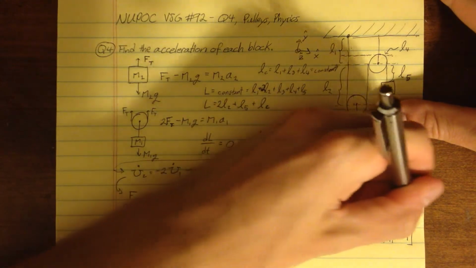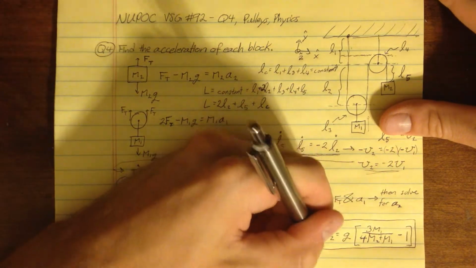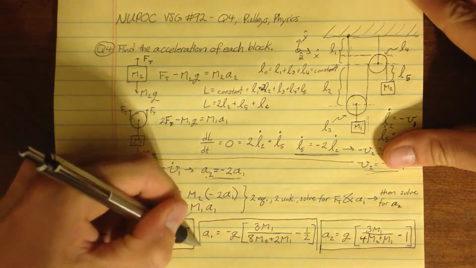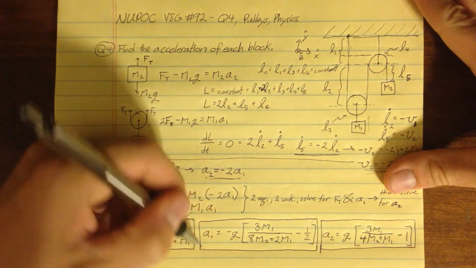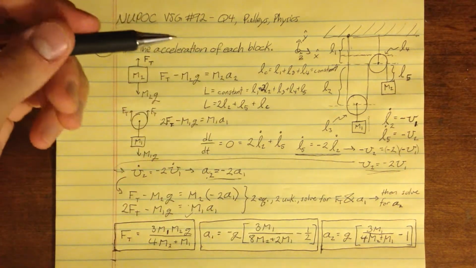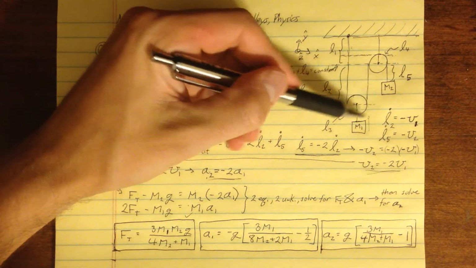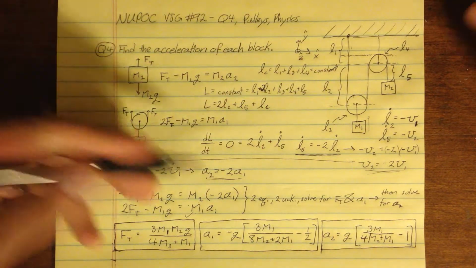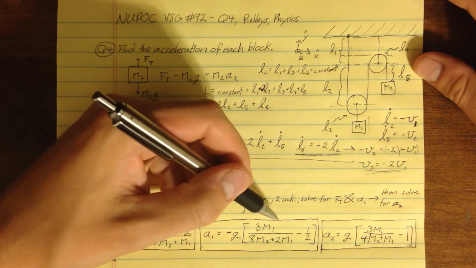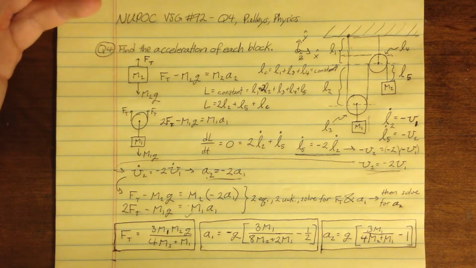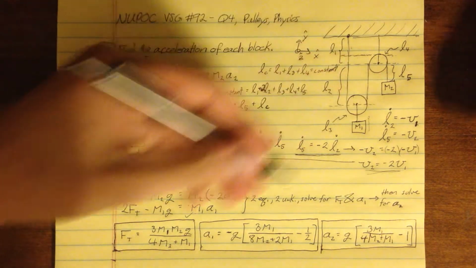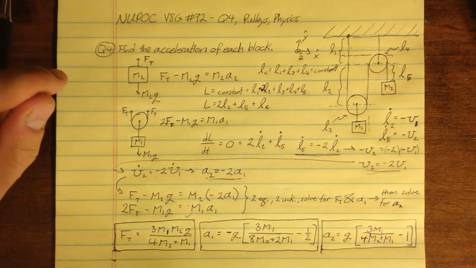And so you can just take these three equations and solve for these three variables, Ft, a1, and a2, and you can see that obviously a1 and a2 will be in different directions, so if mass 1 is moving down, mass 2 is moving up, and vice versa. And the direction that they move will depend on m1 and m2. So if m2 is much larger, that'll be the one moving down, and m1 moves up. If m1 is much larger, it will be moving down, and m2 will be moving up.